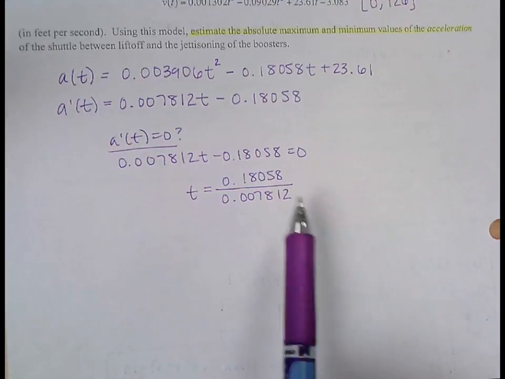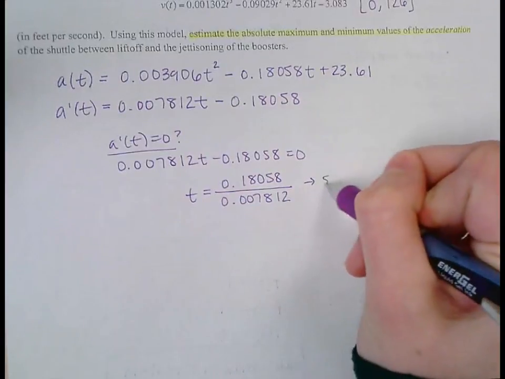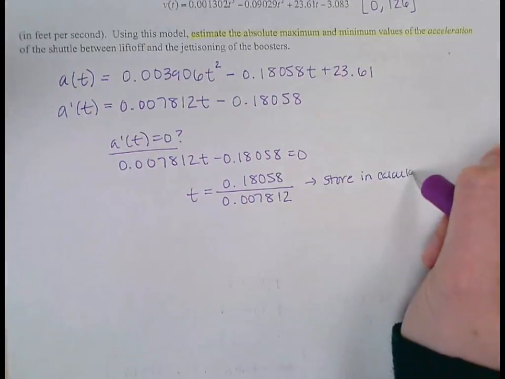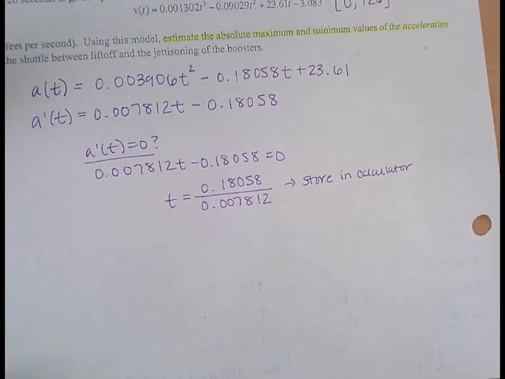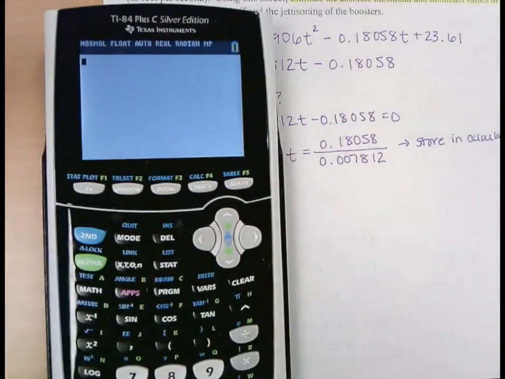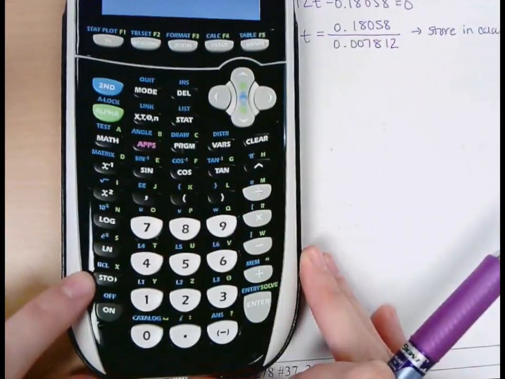So you would either leave it written like this, or you could store this in your calculator. I'll show you how to do that again. Type it in, get the decimal, and then right above the on key, you should see the store key, STO with an arrow.